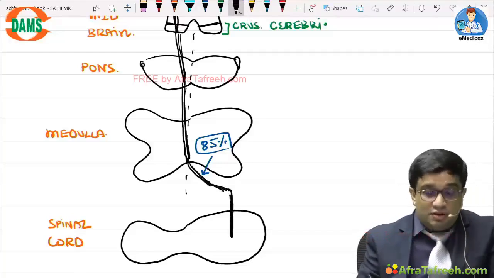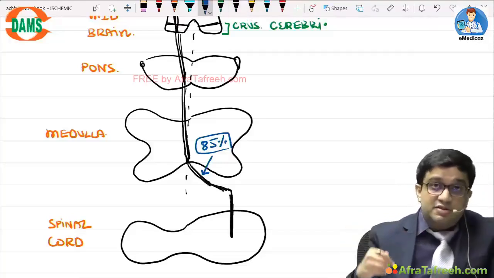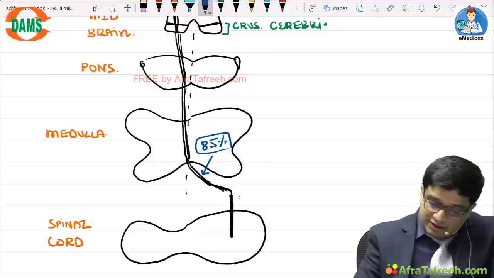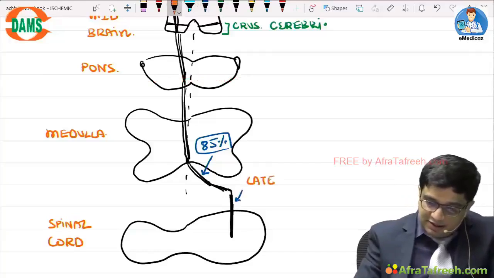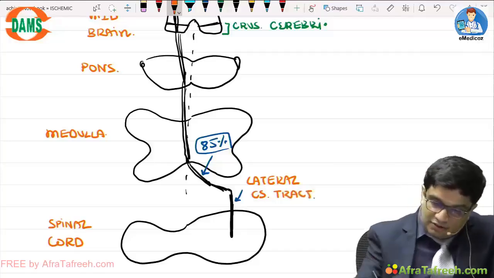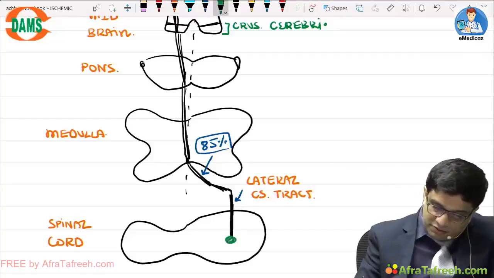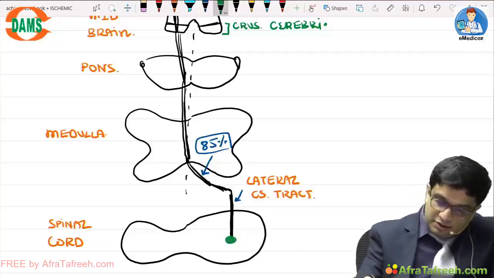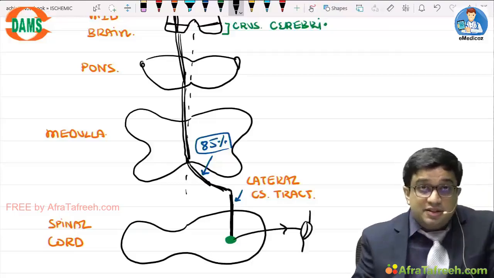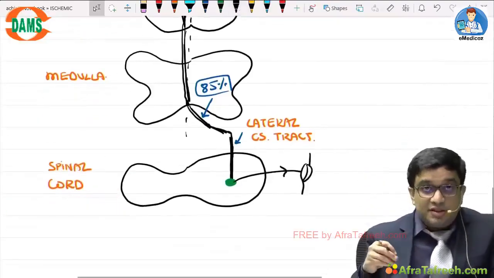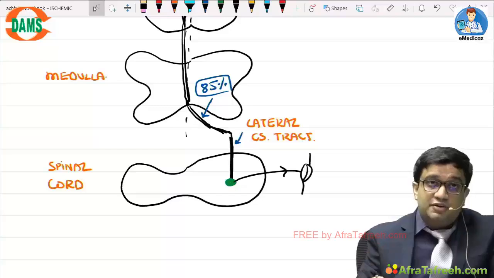So this tract, the corticospinal tract which descends down in the spinal cord laterally, has got a name, and the name for this is the lateral corticospinal tract, okay? Now everything is going to come down and stop at a gate, right, to become a perfect nerve for a muscle. And that particular gate which resides in the spinal cord is somewhere in the anterior horn of the gray matter of the spinal cord.